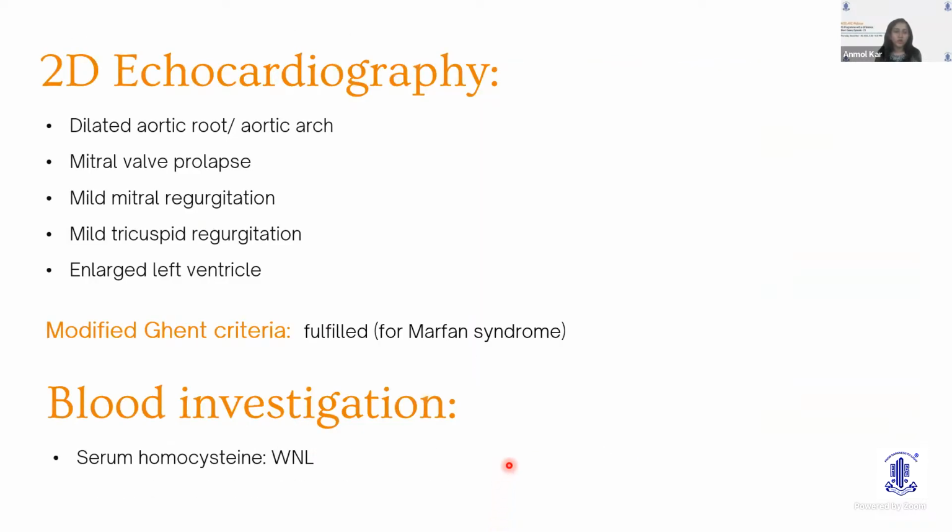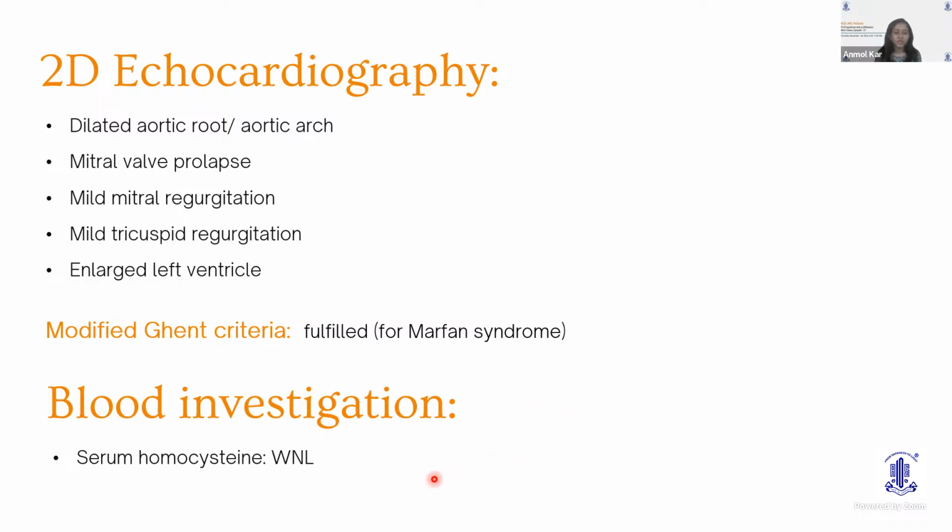On 2D echocardiography, we found a dilated aortic root and aortic arch. Mitral valve prolapse was there with mild mitral and tricuspid regurgitation and an enlarged left ventricle. So the modified Ghent criteria was fulfilled due to the 2D echocardiographically proven cardiac lesion as well as ocular lens subluxation.